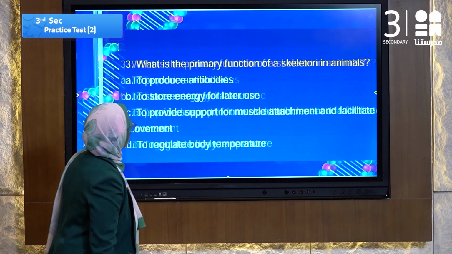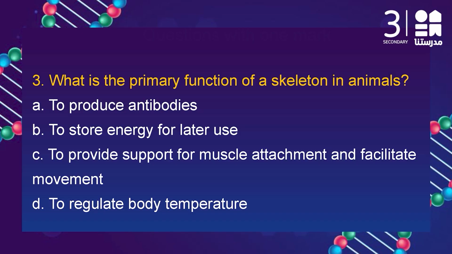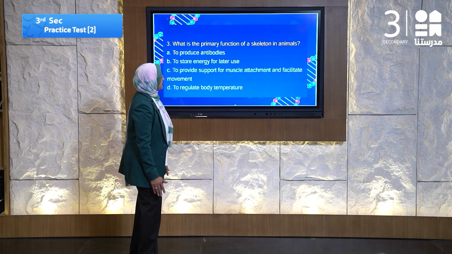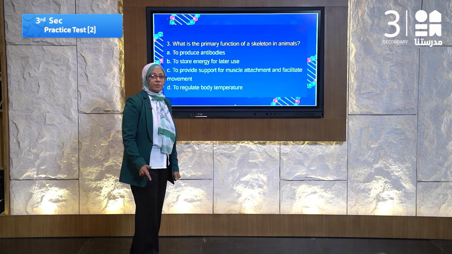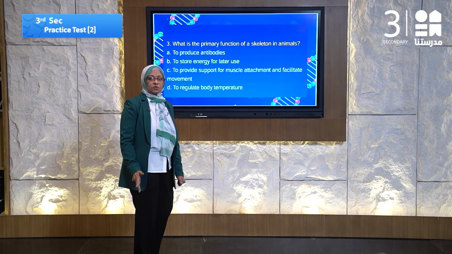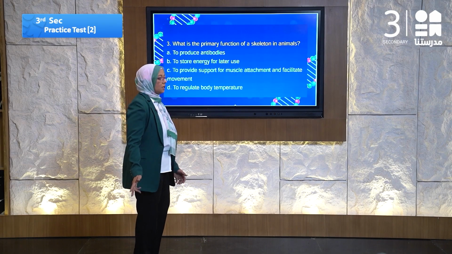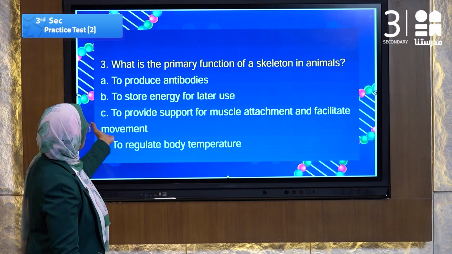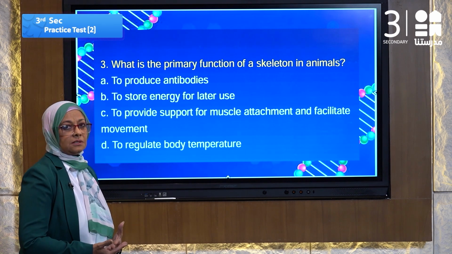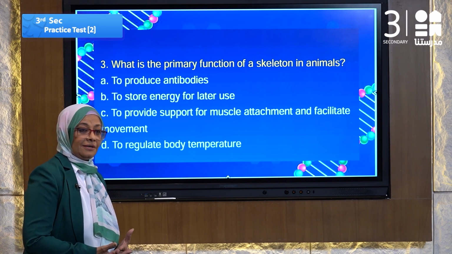Number 3 speaks about the primary function of the skeleton in animals. The skeleton in animals supports, gives shape, and makes many functions such as movement. Let's read the choices. Number A, to produce antibodies, skeleton, maybe.